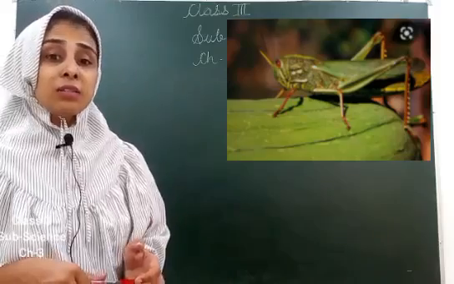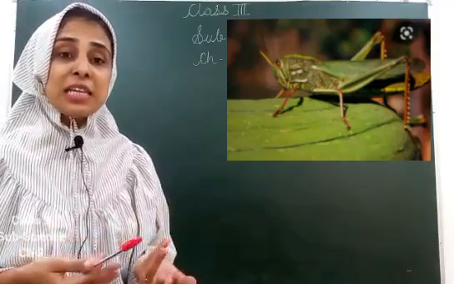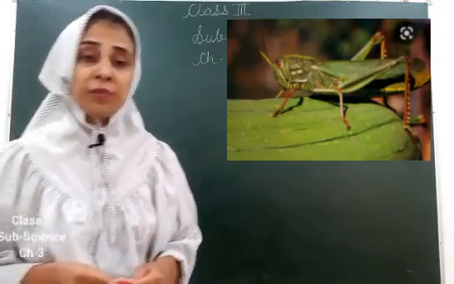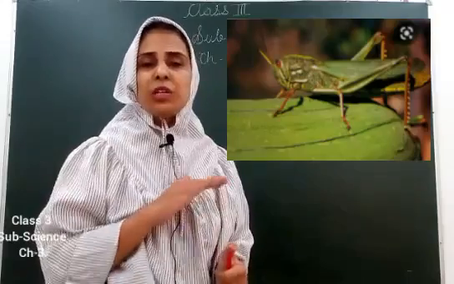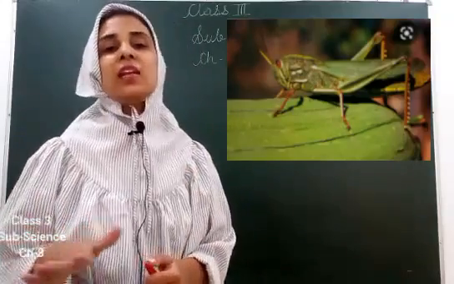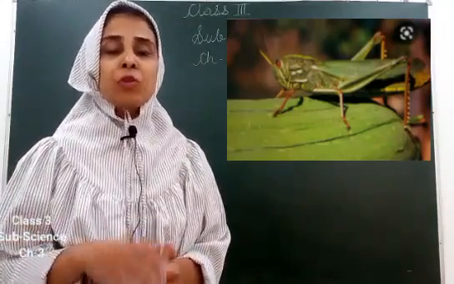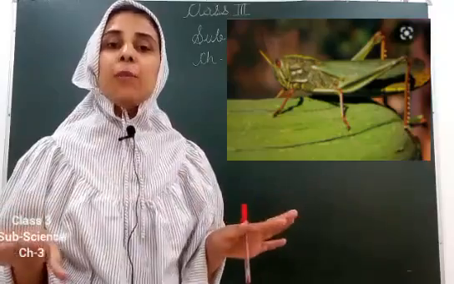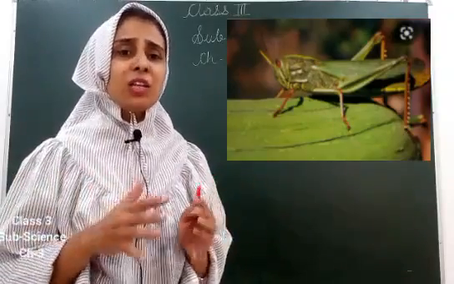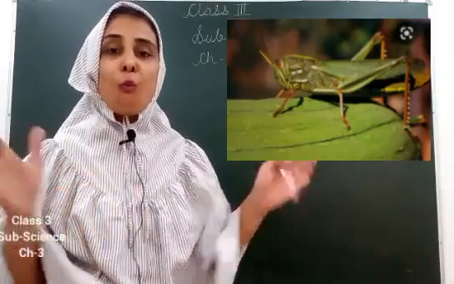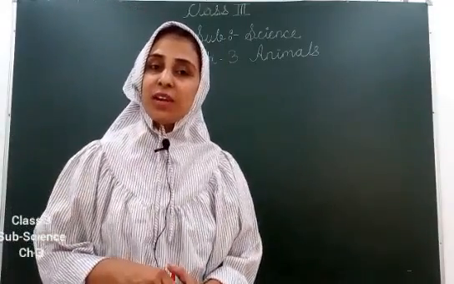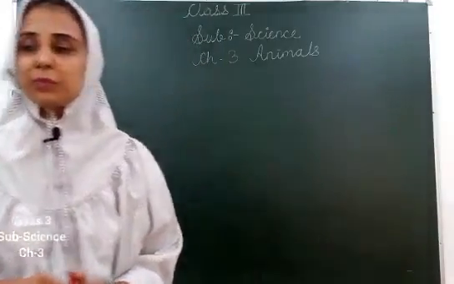They eat plants, leaves, and crops, and when they attack the field, they destroy the crops completely. If they are sitting on a tree, they will eat up all the leaves. And they travel in a group only.